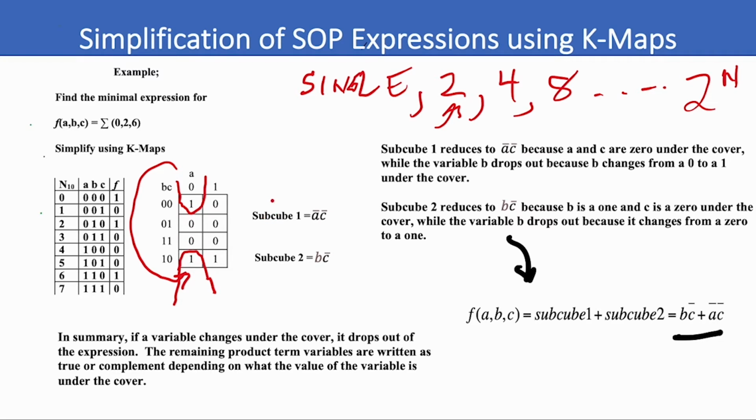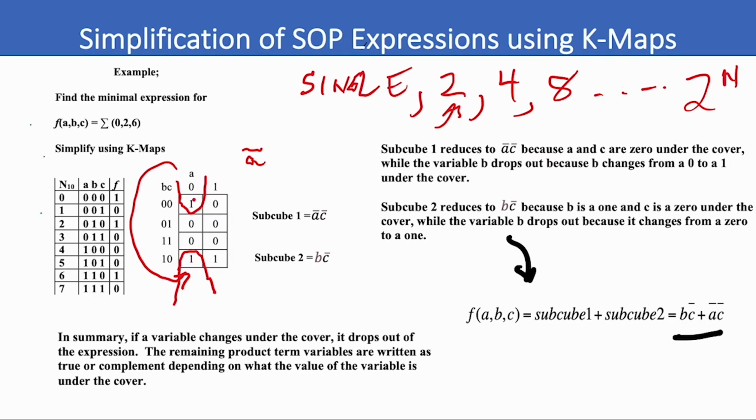Okay. So now we want to write what's the product term under this cover. Well, the way you do it is you look at the variables that change underneath this cover right here. So in this particular cover, we're covering this cube and this cube. If you look at both of them, what variable doesn't change in this column right here? Well, the variable that doesn't change is the A. And the A happens to be a 0, so we write A bar.